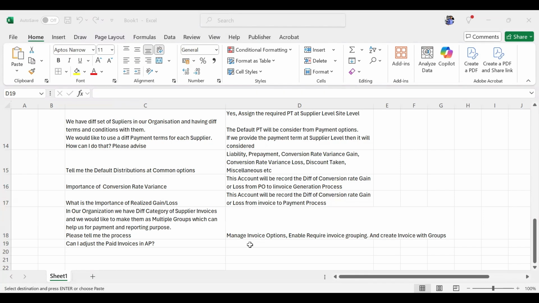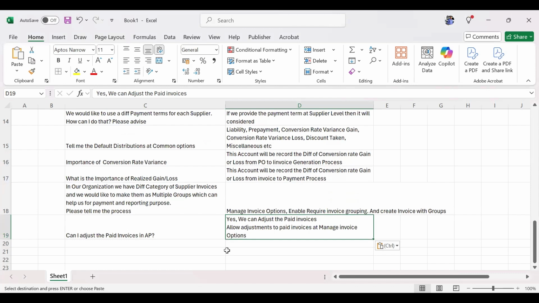The invoice that we have paid would have to be changed, canceled or voided, and the payment voided. But if you go to manage invoice options, there is an option called allow adjustments to paid invoices.